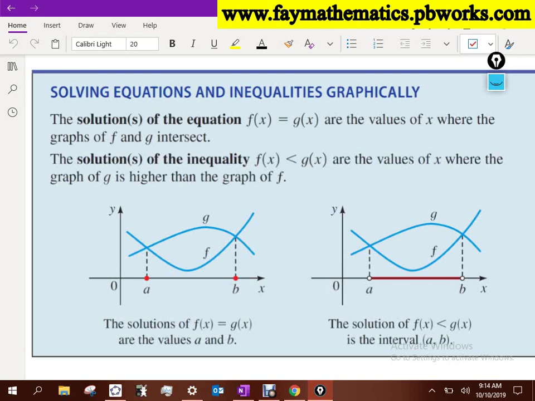A lot of times they cross, right? Or they intersect. The solutions to the equation are the x values where f and g have the same y values. Does that make sense? The x values where f and g have the same y values. That's ultimately where they intersect.